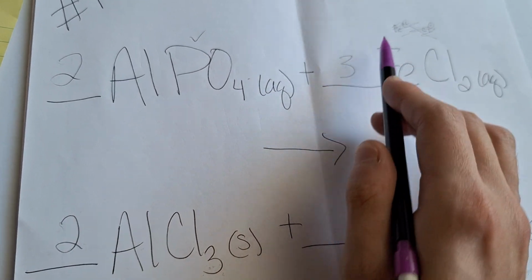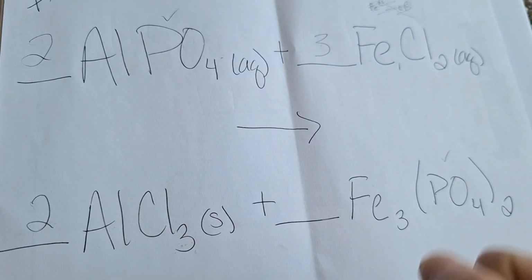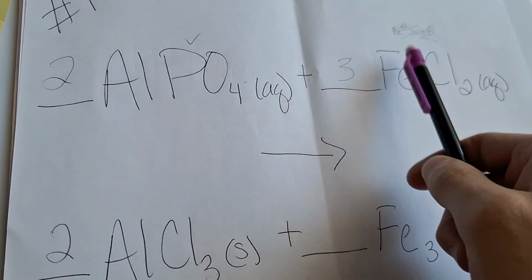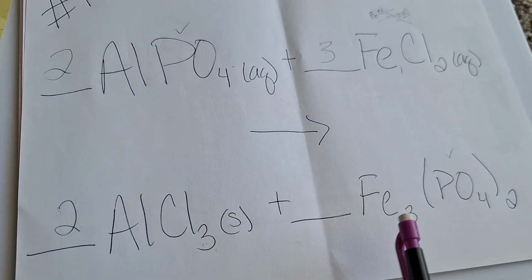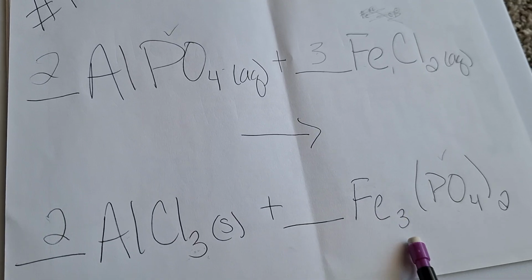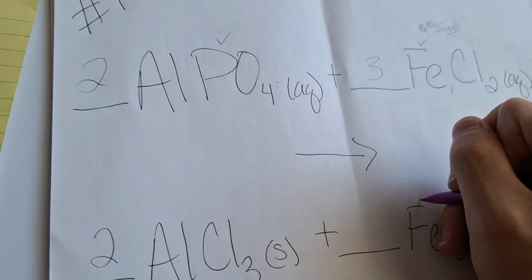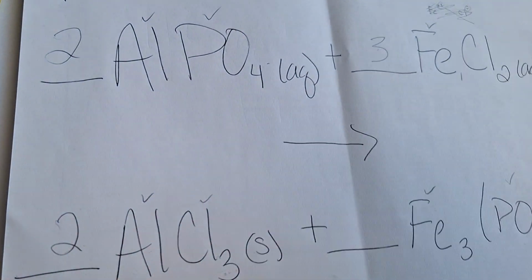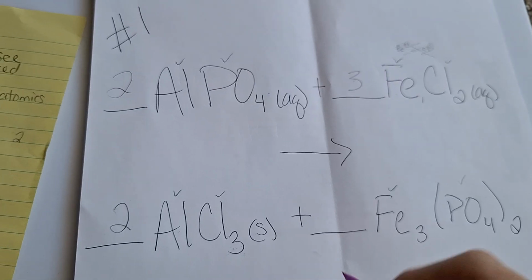We have 3 irons because there's an imaginary subscript of a 1 there, but we just don't write it like that. So 3 irons on the reactant side, and do we have 3 irons on the product side? Yes, we got 3. So now that all of our independent atoms balance out, our equation is balanced.